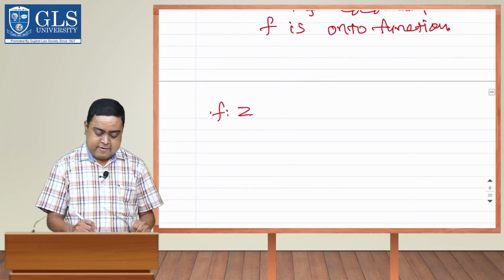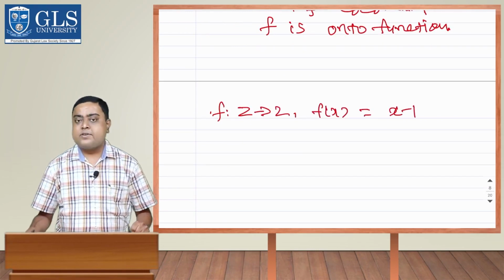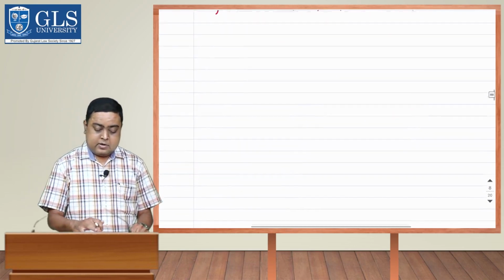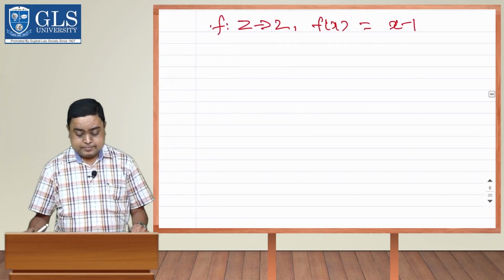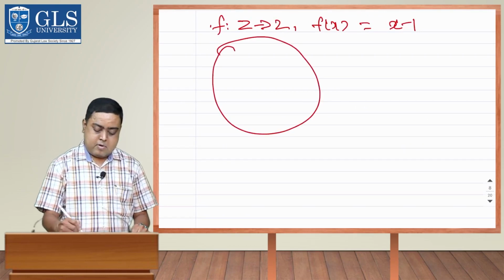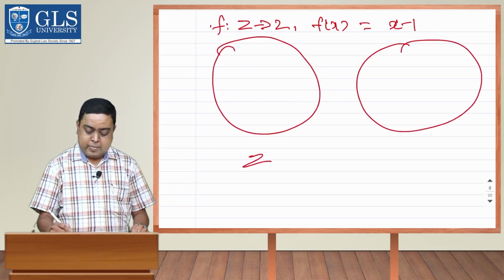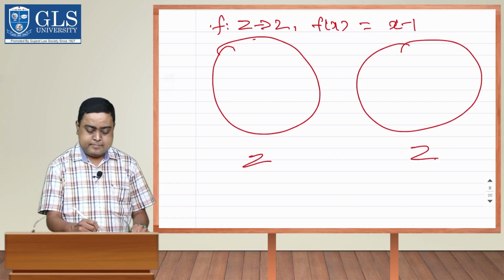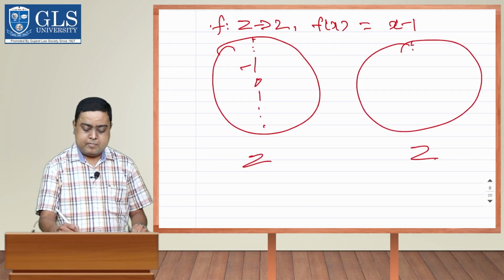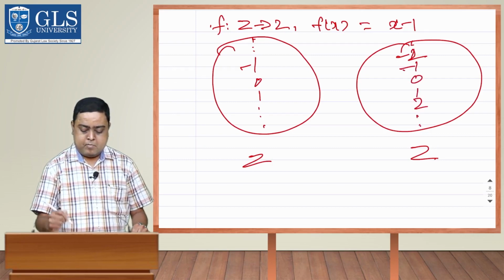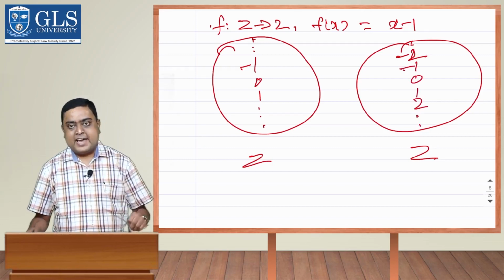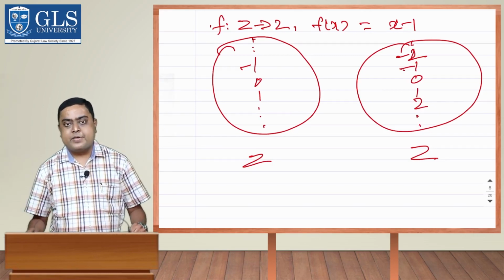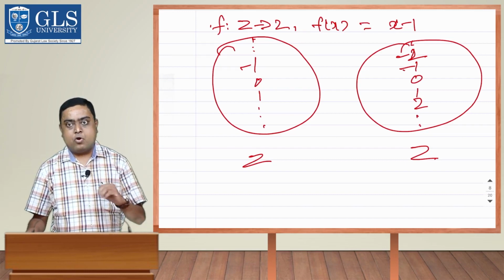So the function is f from Z to Z, f(x) is equal to x minus 1. Let's check whether it is one-one or not. Domain and codomain both are equal to Z. Suppose I take x equal to -1 from the domain, and if I put it in the given function x minus 1, I have the corresponding value -2.